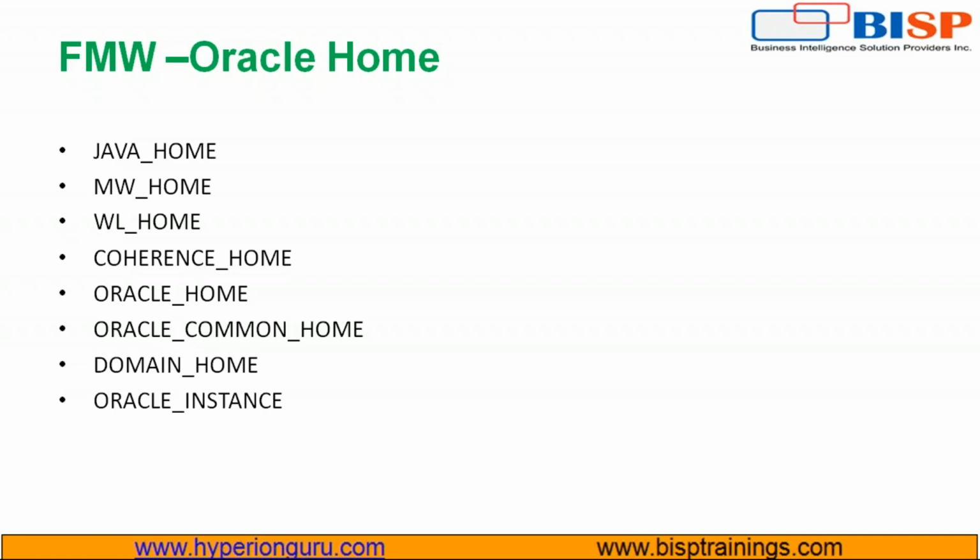Domain Home is actually where you create a domain. Now, remember this, within a host, so host is nothing but your server where you deploy or install, you can have any number of domains. So you can create 2-3 domains. So when you call domain home, it is the respective domain directory for that particular domain. An Oracle instance is in case you are using your system components.